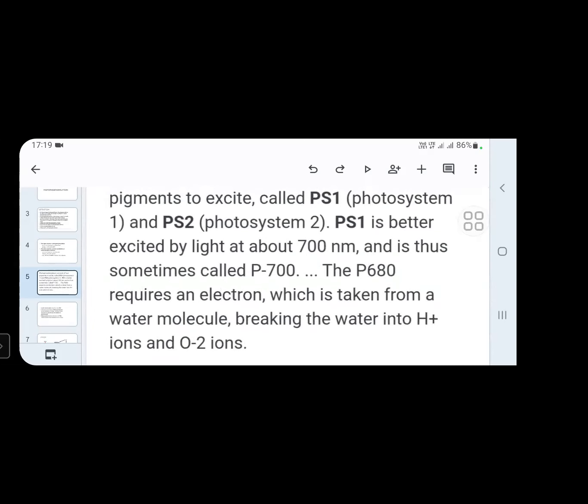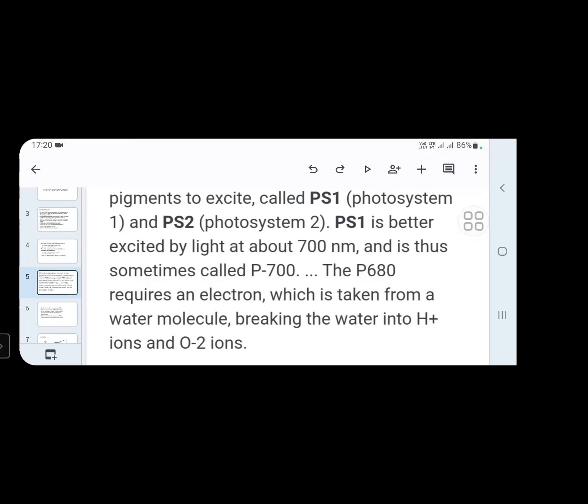And the second one is PS2, pigment system 2. It contains a small amount of chlorophyll A and more chlorophyll B, quite the opposite. PS1 has more chlorophyll A and small chlorophyll B, but PS2 has small chlorophyll A and more chlorophyll B, and beta carotenes and proteins also.